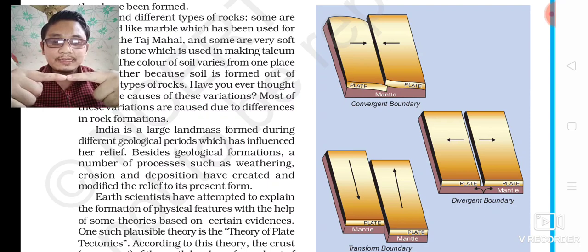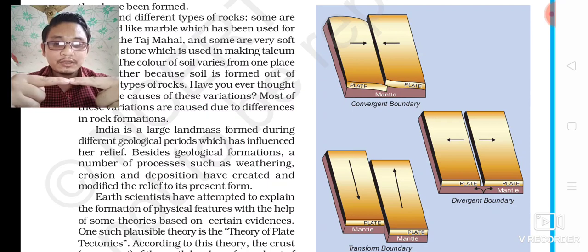If they collide, they might crumble, टूटेगा भी. So if they collide and crumble, there is destruction. So this type of movement, the convergent movement of the tectonic plate, can also be called the destructive movement of the tectonic plate, okay?